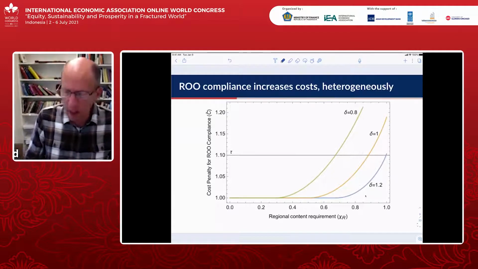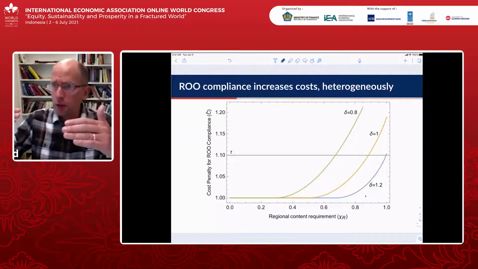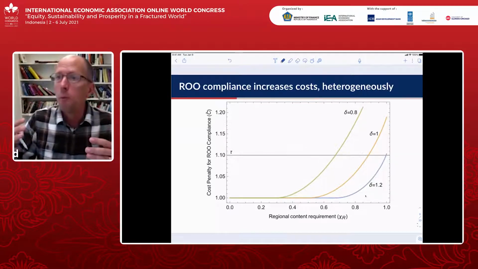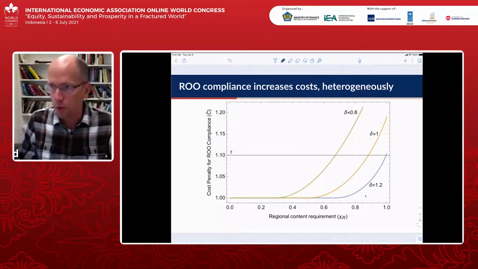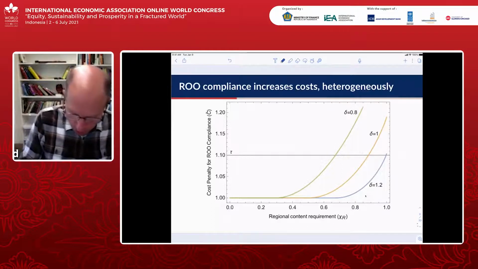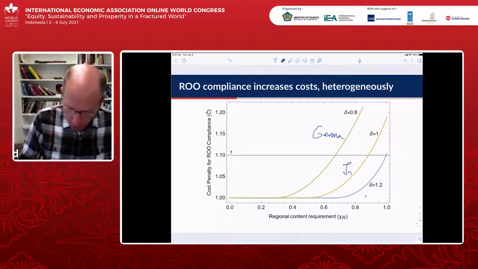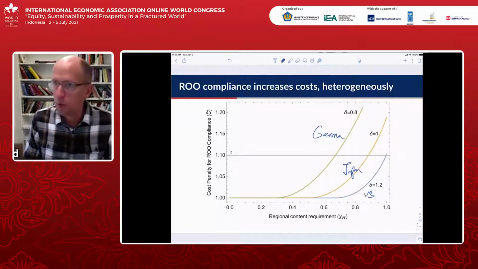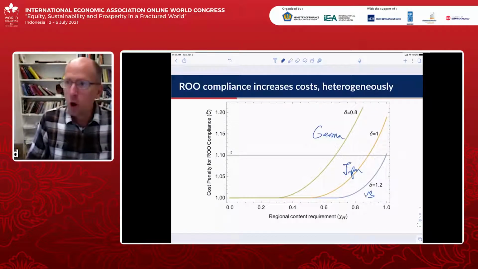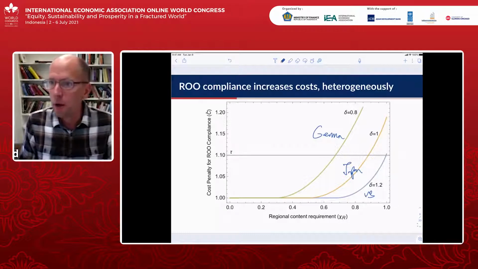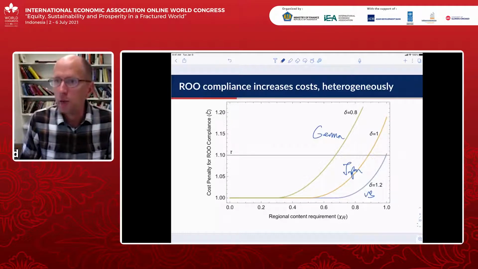And so let's think about this cost penalty as being heterogeneous. And for a moment, let's just imagine there's 3 types of firms. We'll call them German firms, Japanese firms, and US firms. Why? Well, the German firms haven't been in North America very long. Mercedes and BMW have only been in there relatively recently. Their production networks within North America are pretty thin.